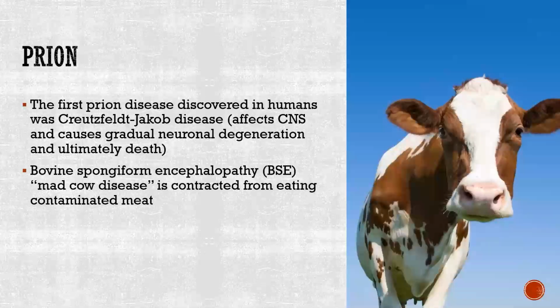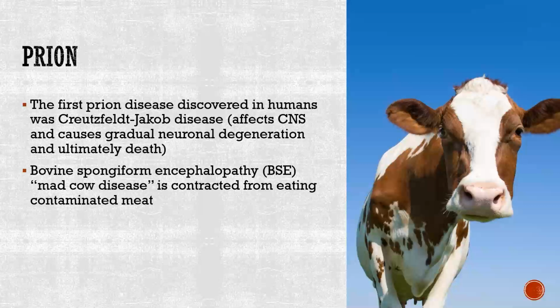Okay. A little bit more on prions. Prion diseases have been discovered in humans. One of the main ones is the Creutzfeldt-Jakob disease. This affects the central nervous system. And as you get more and more of the misfolded proteins, they can gradually cause neural degeneration, and it can ultimately lead to death.